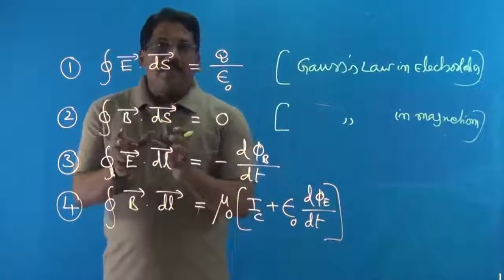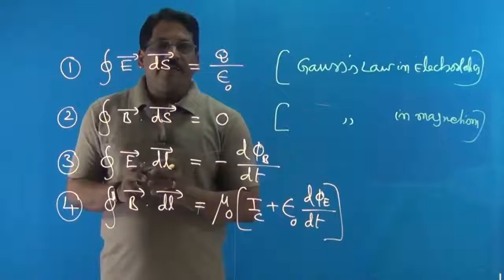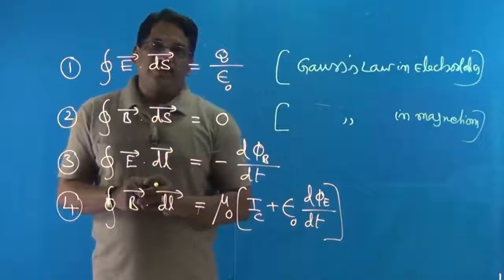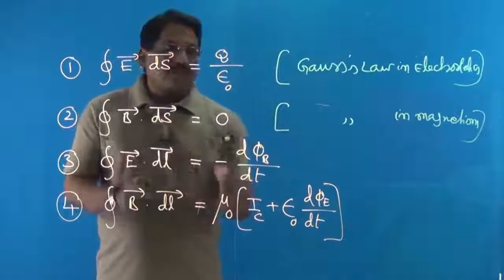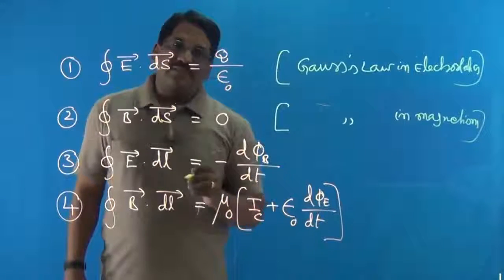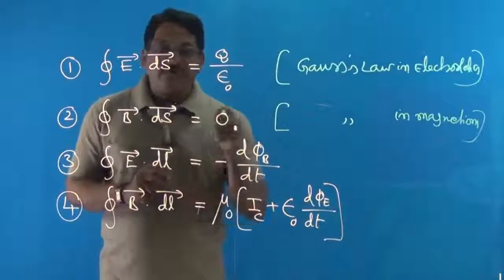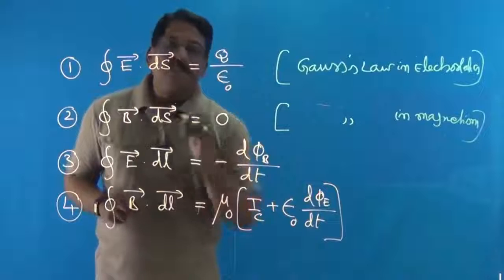The EMF induced in the circuit opposes the very change of the magnetic flux in that loop. This is what Lenz's law says, and that opposition is indicated by the negative sign.